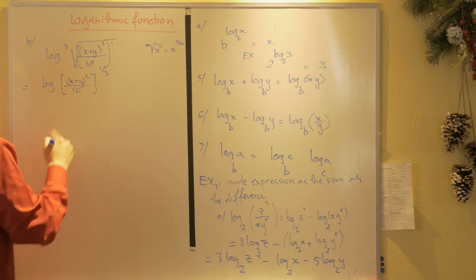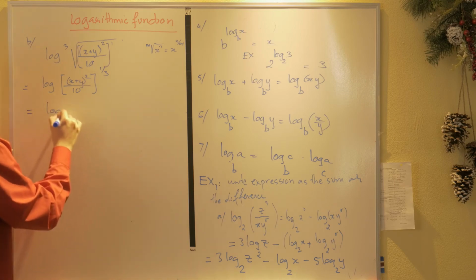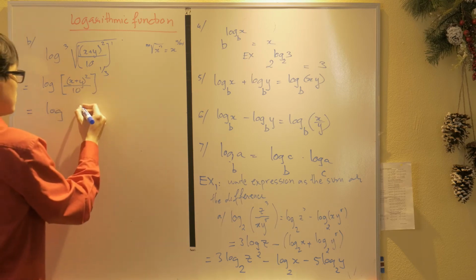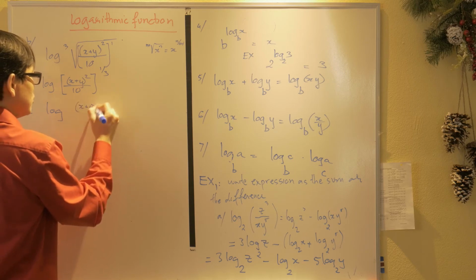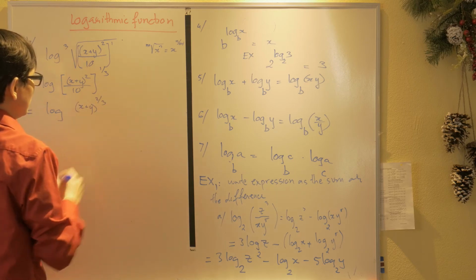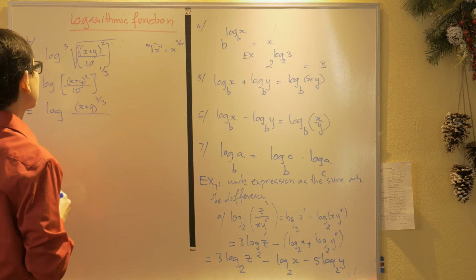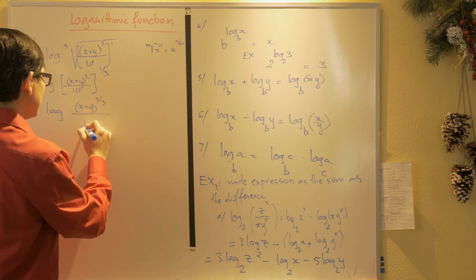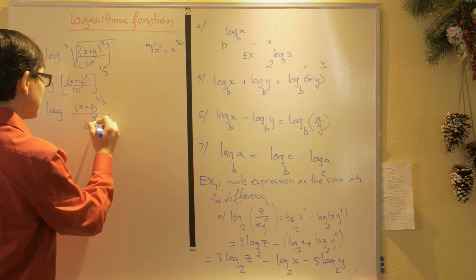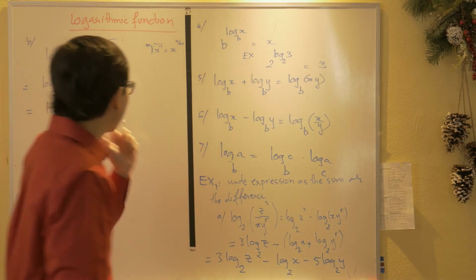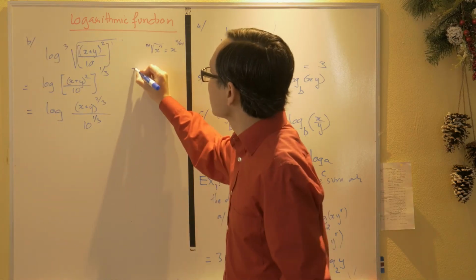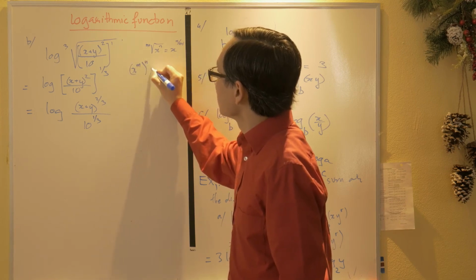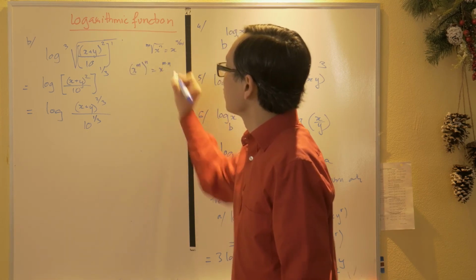So right now we can multiply them in. So this is xy square to the 3rd power over 10 to the 1 to the 3rd power. Remember the formula? x to the m raised to the n is x to the m times n.